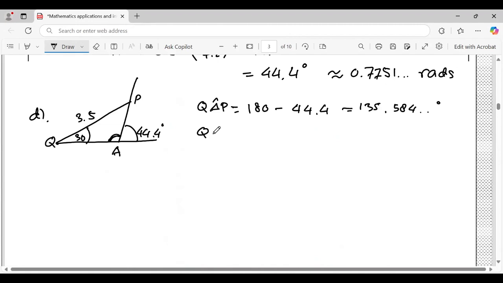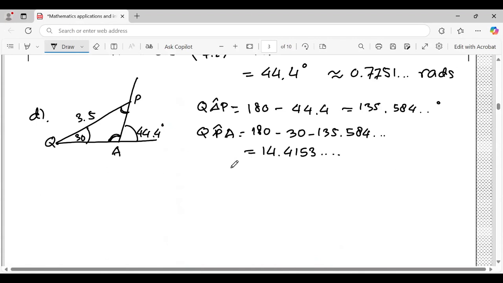And angle QPA equals 180 minus 30 minus 135.584, which equals 14.4153 degrees.